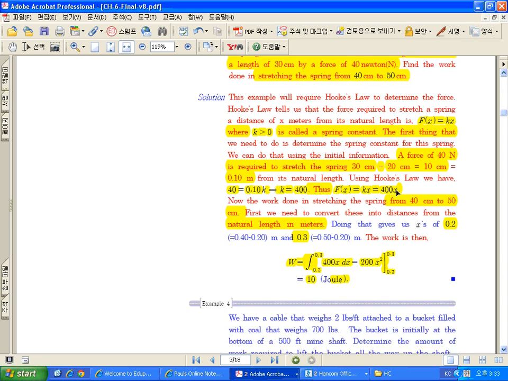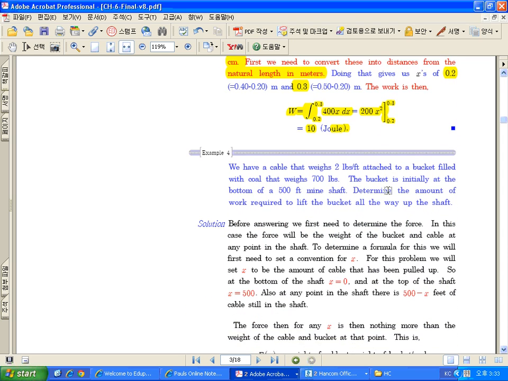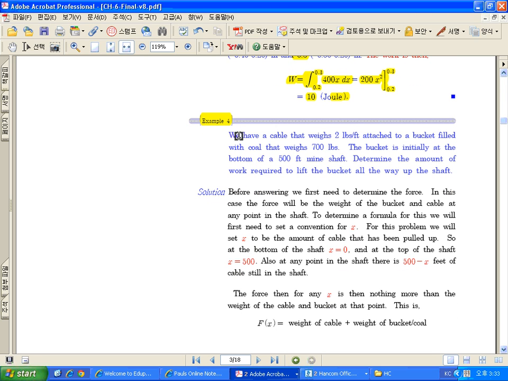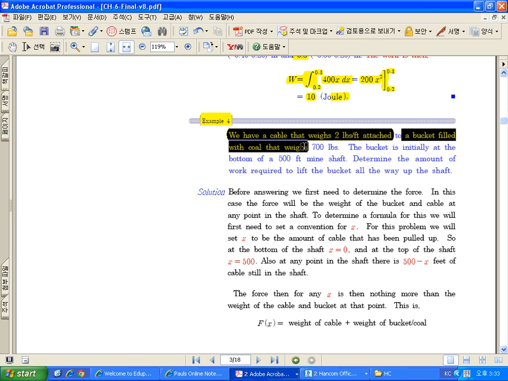Okay. Example 4. We have a cable that weighs 2 pounds per foot attached to a bucket filled with coal that weighs 700 pounds.